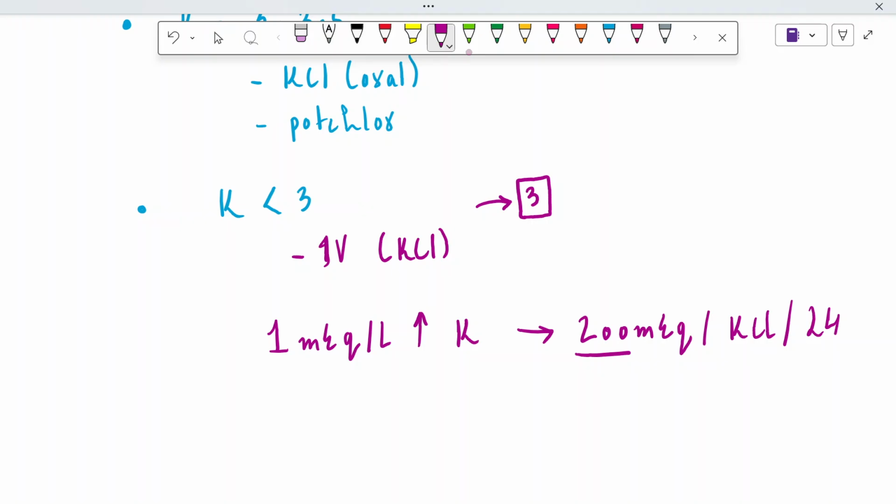Let's talk some bit about mathematics: a 1 milliequivalent rise in the potassium will require 200 milliequivalents of potassium chloride. But if the amount of potassium rise we need is 0.7, how much potassium chloride should be needed? Just cross multiplication.